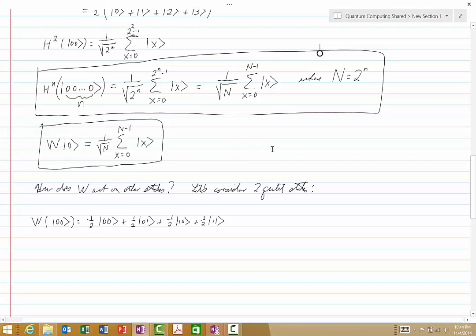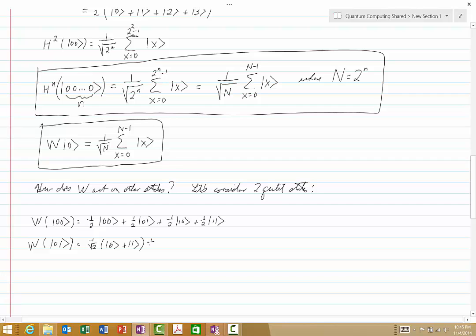Now, what about W acting on 0, 1? Well, let's see what we'll get in this case.